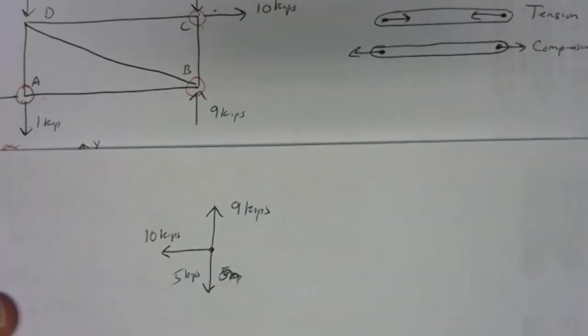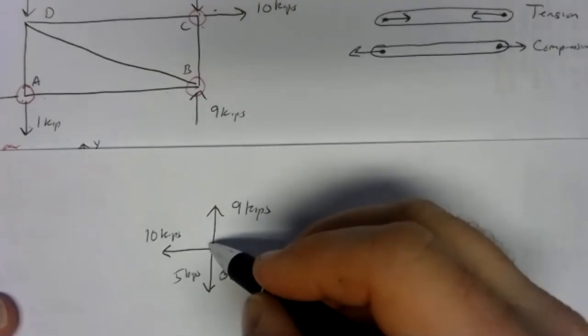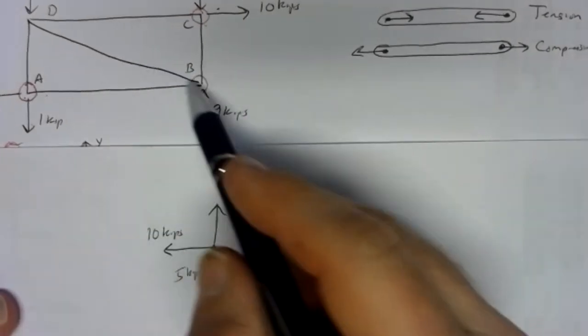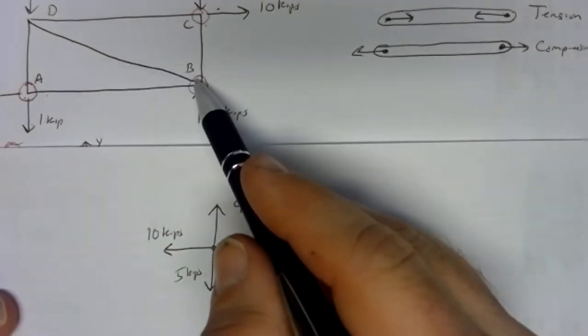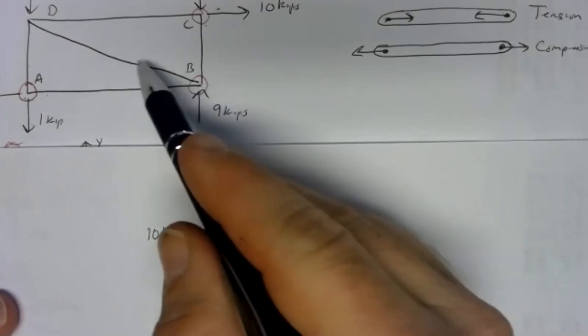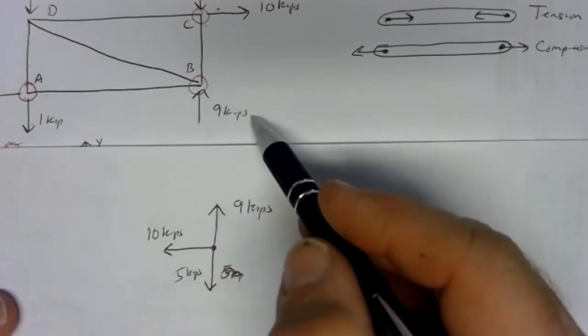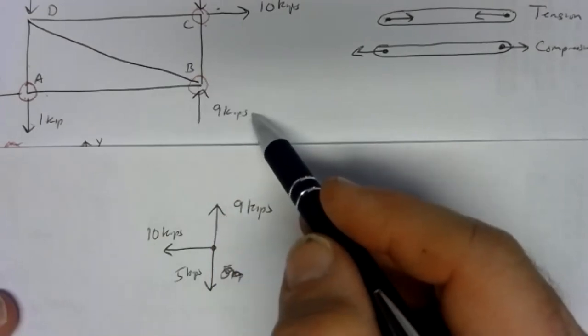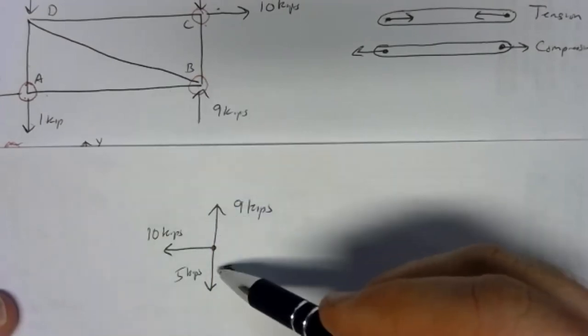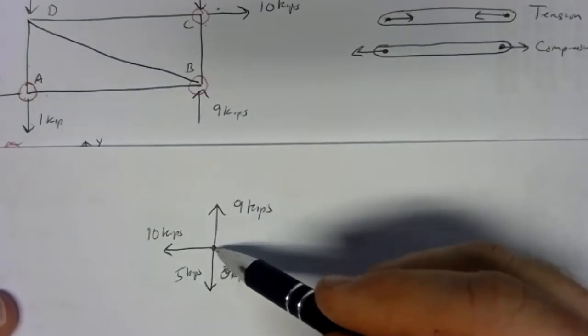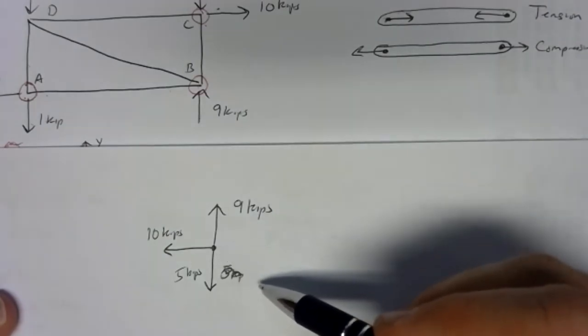And then we've got member BD. So member BD is off to the upper left. And we've only got two choices. Either it's going to pull joint B to the upper left, or it's going to push joint B to the lower right. And if we look at our free body diagram, only pushing to the lower right makes sense.